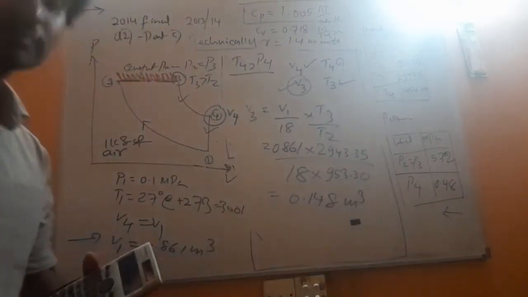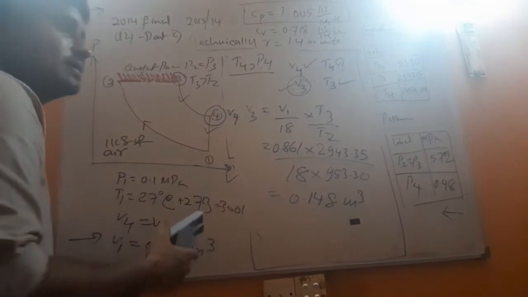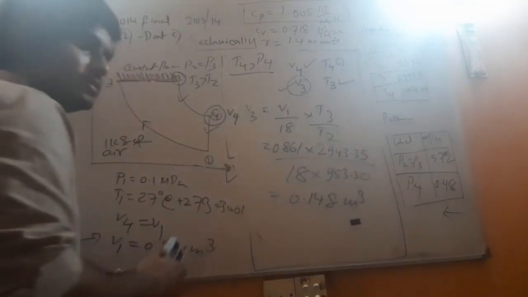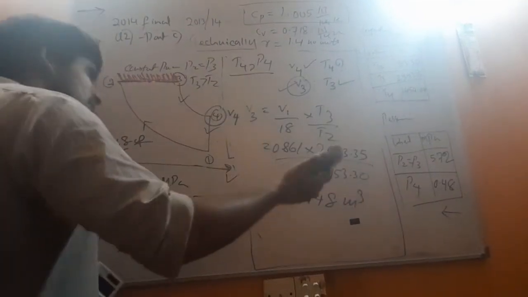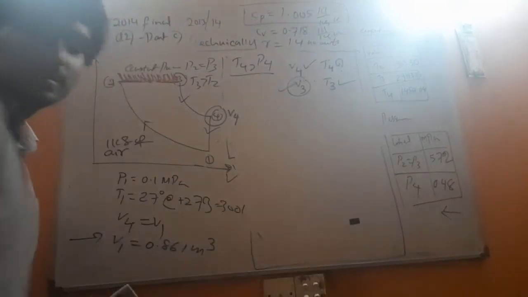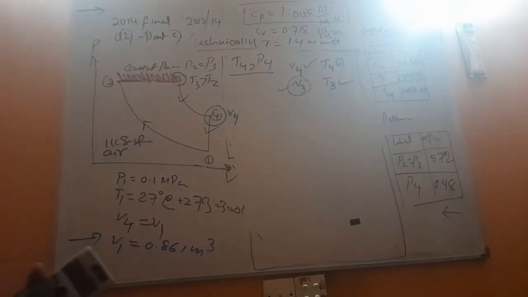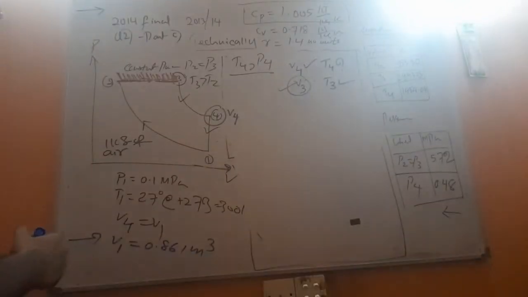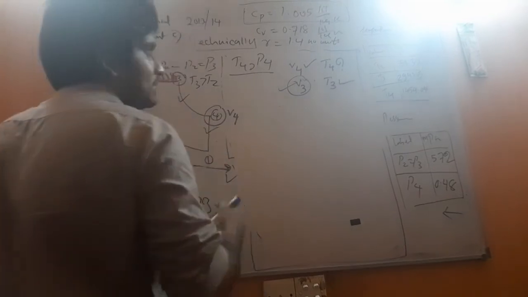That means now you know V3 also, 0.148. Okay guys, I will erase this. If you want to look at the working again, you can rewind and see. Now no problem, you can find T4. What is the equation that we have now?